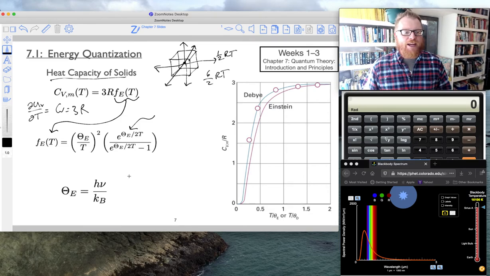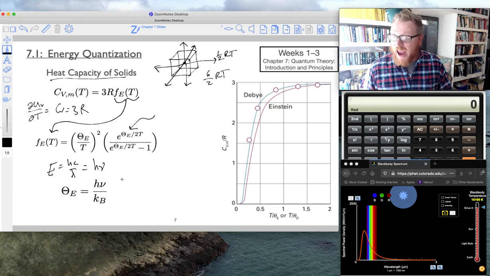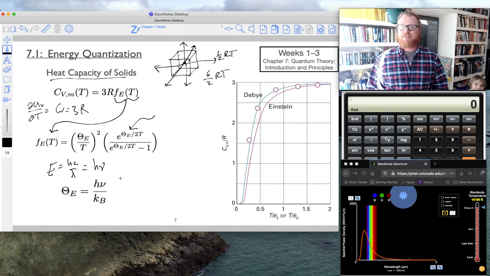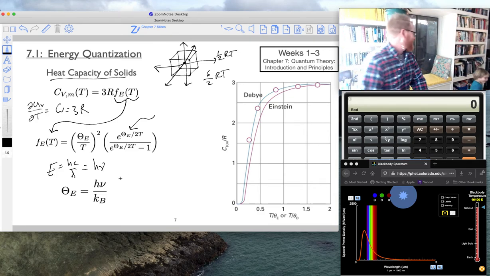So how do we get that that's a Boltzmann distribution? Well, recall this theta E, that's the Einstein temperature, which is h nu divided by k. Remember, if E equals hc divided by lambda, it also equals h times nu, h times frequency. I see you back there.